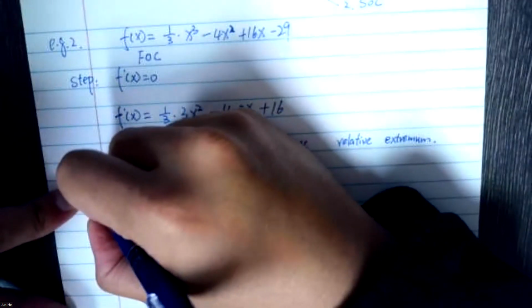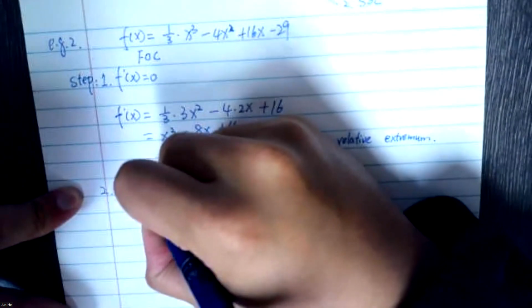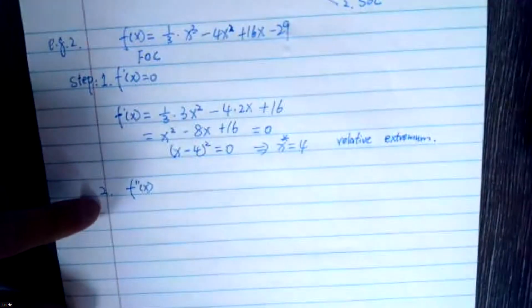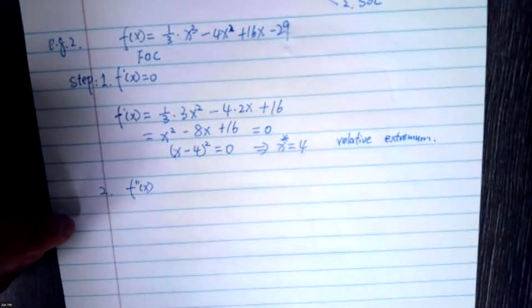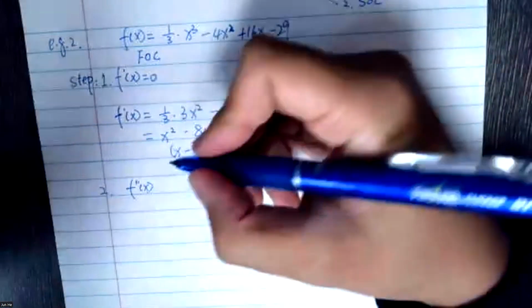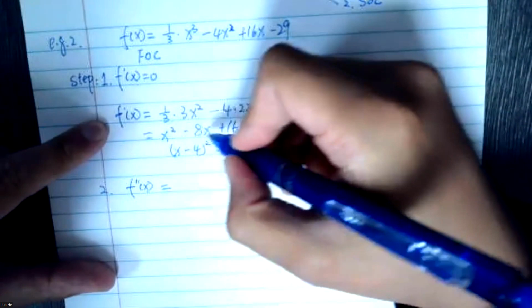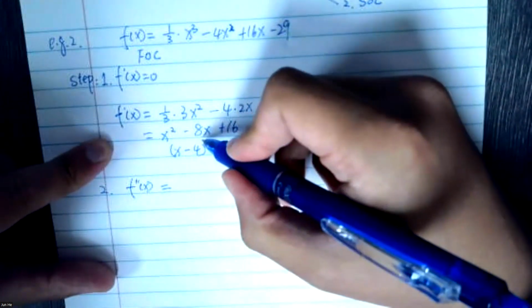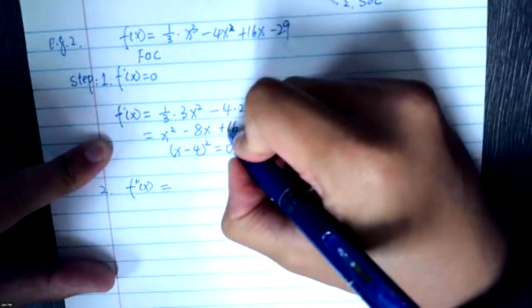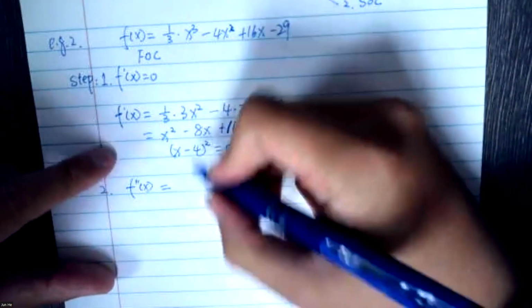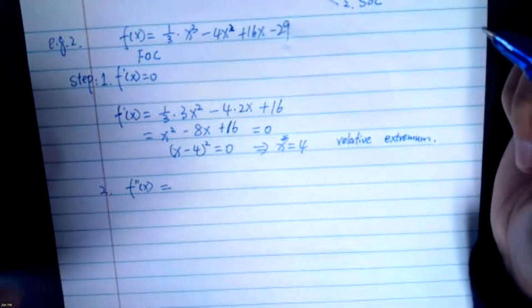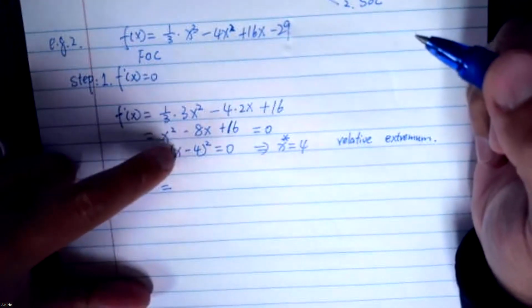So now step 2, second order condition. Okay, so f double prime x, what is that? Let's solve it out. So previously f prime x we got this, which is x squared minus 8x plus 16. Then f double prime x is to take another derivative with respect to x.